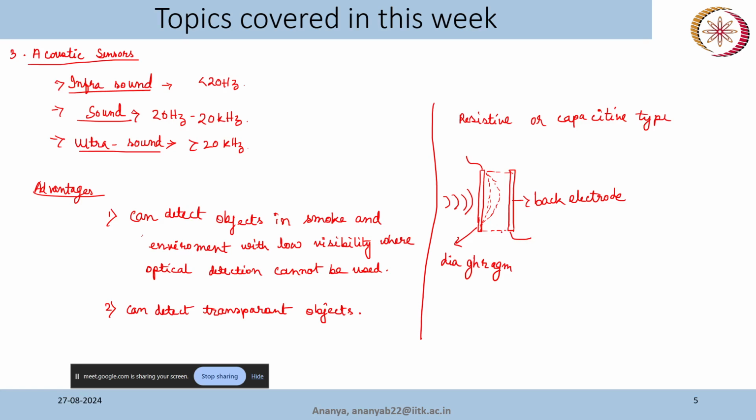Based on that change in capacitance, the intensity of the acoustic signal can be correlated, so that we can quantify the acoustic signal and its frequency. Or suppose we are using it for detection of some object, then we can determine the distance based on the change in resistance or capacitance, and correlate it with the distance between the sensor and the targeted object.